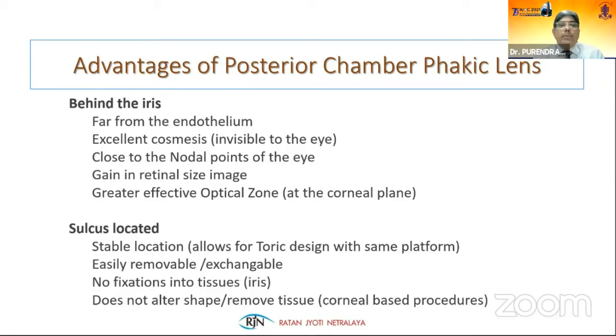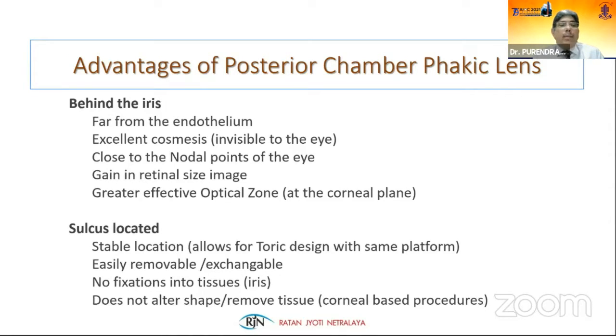The advantages of the posterior chamber phakic lens are that it stays behind the iris and is far from the endothelium. There is excellent cosmesis, as it is invisible to the eye. It remains close to the nodal point of the eye, and there is a gain in retinal image size as compared to other available phakic lenses.